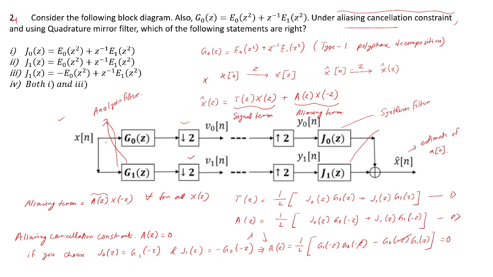So no matter the signal you feed in here, at the output you are only going to have this signal term, some effective transfer function times the original input spectrum, but no aliasing term would be present. For that, this criteria has to be satisfied. So let me write down in the next slide.